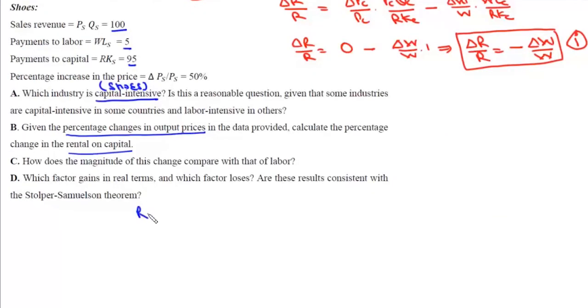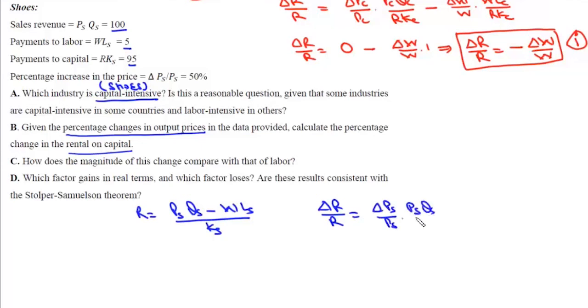Now for shoes, R is given by PSQS minus WLS upon KS, or percentage change in rental is given by delta PS upon PS. This is PSQS upon RKS minus delta W upon W into WLS upon RKS.